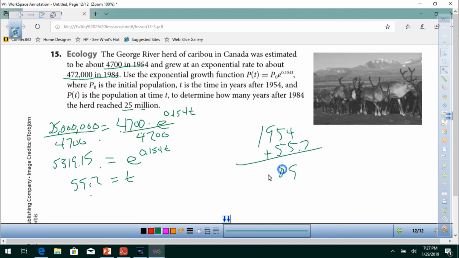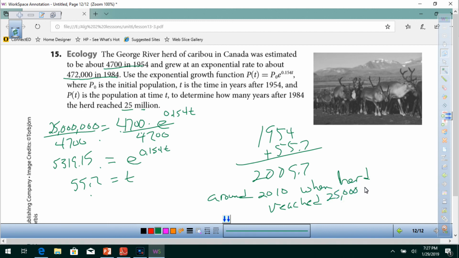That's 2009.7, almost around 2010 is when the herd reached 25 million head.